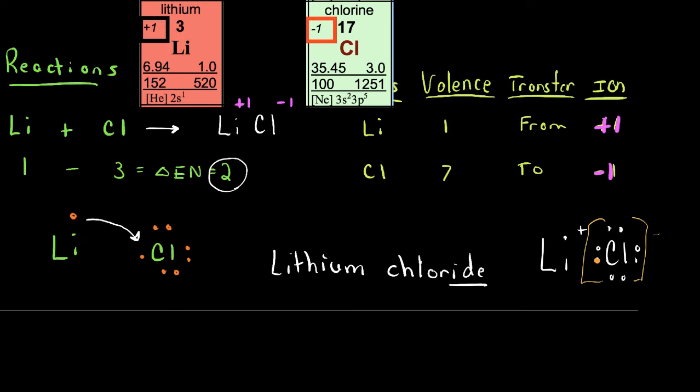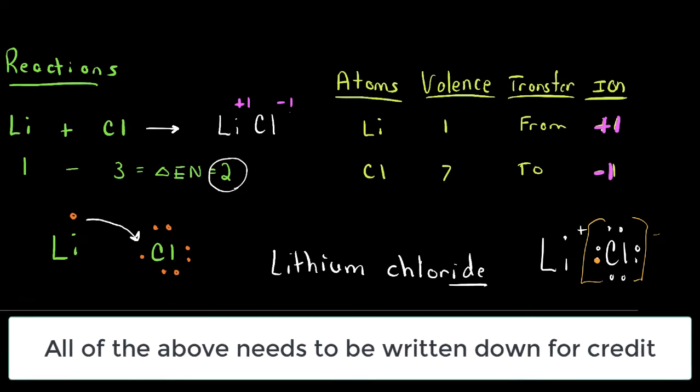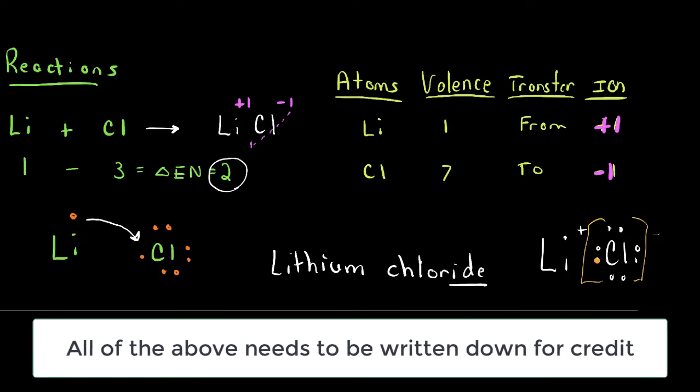Now, whenever you see a compound, you know that there's sometimes subscripts that we have to put in here. So we need to figure out what would be the correct subscripts for lithium chloride. Well, an easy way to do this would be just to crisscross these two values. So the -1, we got a 1 that would go down here. And then the +1, we'd come down here.